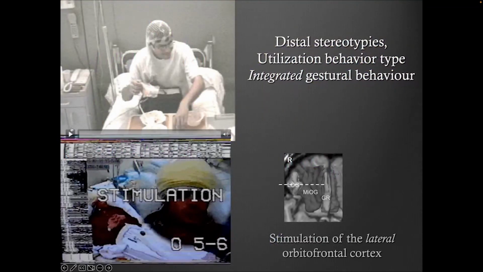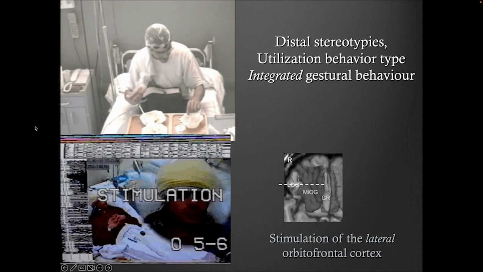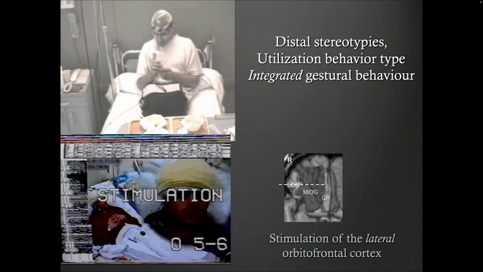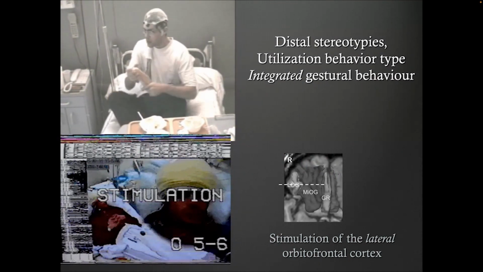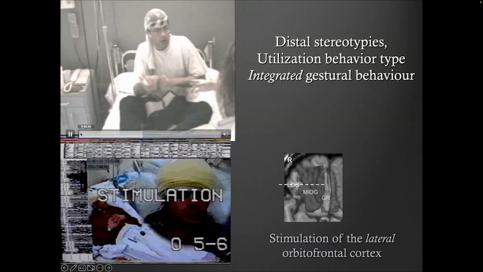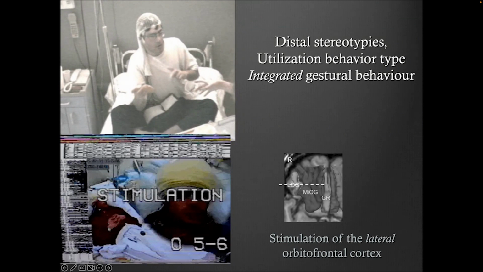Now I will show you another type of stereotypy. You will see that this patient, recorded a long time ago, had exactly the same stereotypies as the one I showed you before. I will show you the EEG later. Okay, so now you have understood the utilization behavior, and this is a kind of historical video, historical recording.